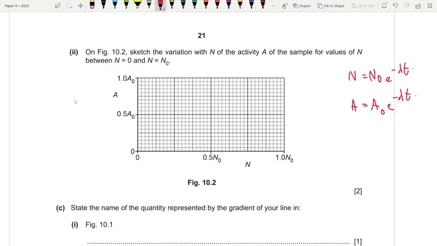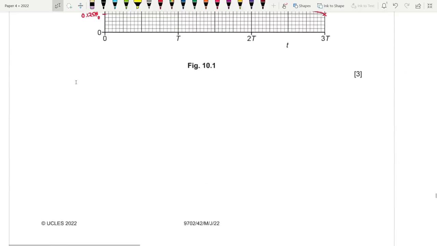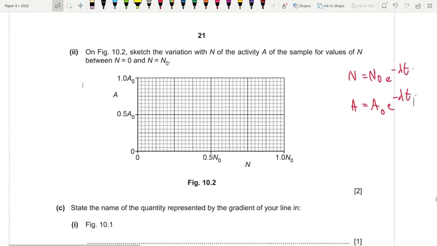So what do they want us to do here? It's not a relationship with time, sadly. It's a relationship with N naught. So you guys need to understand that N and A are proportional to each other. Do you guys understand?